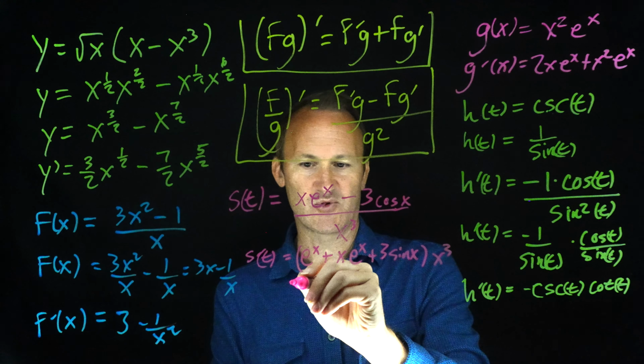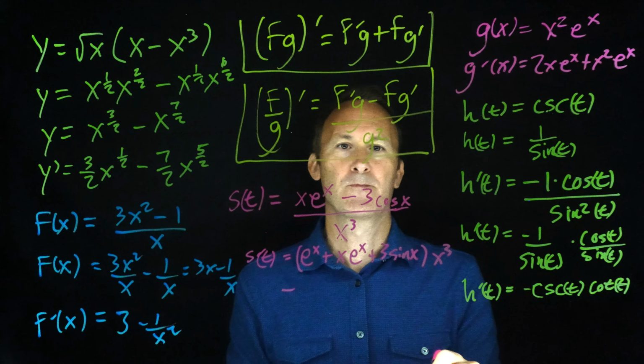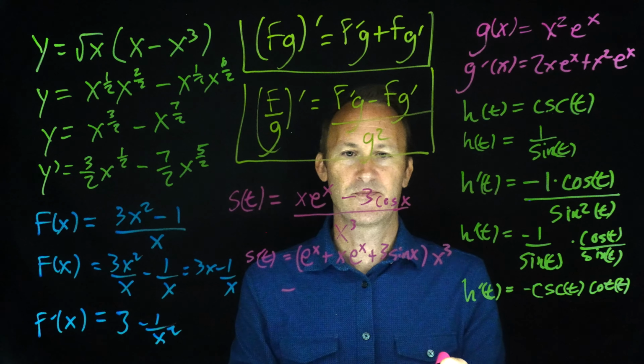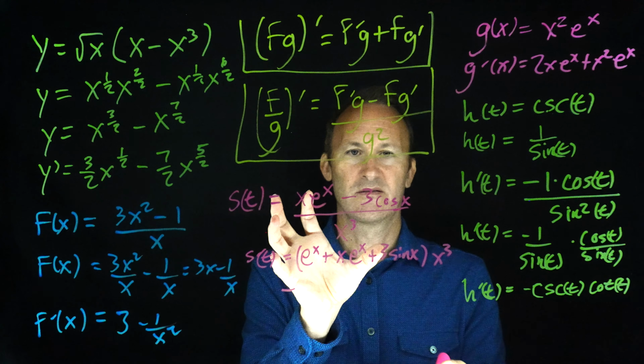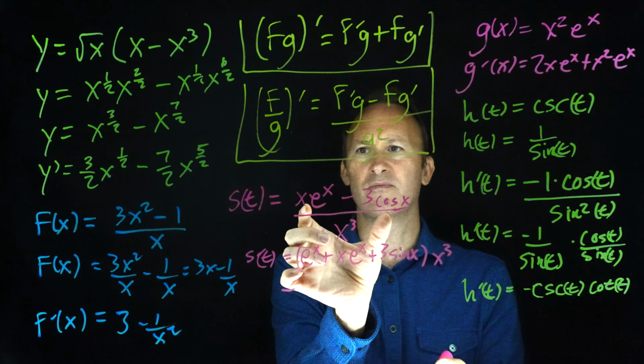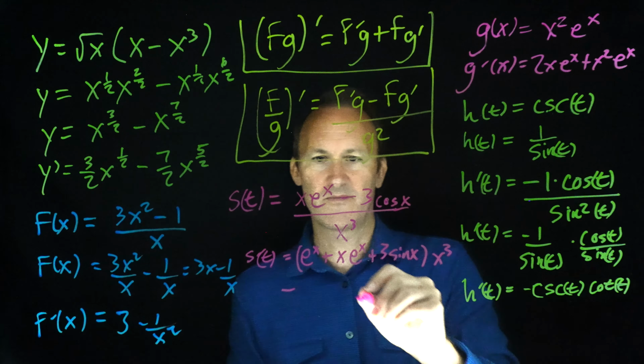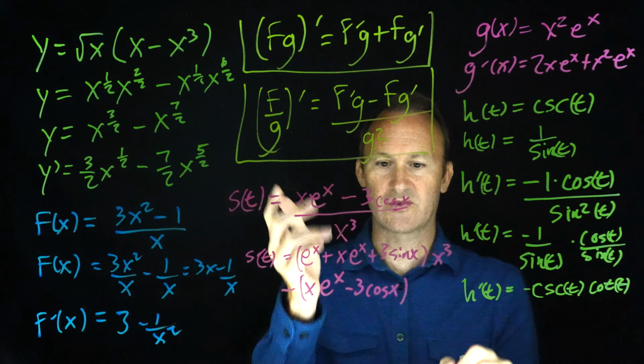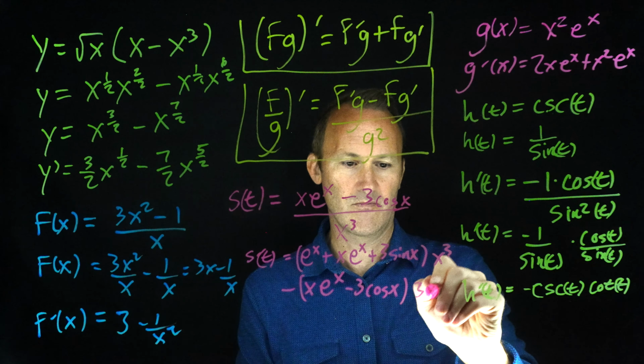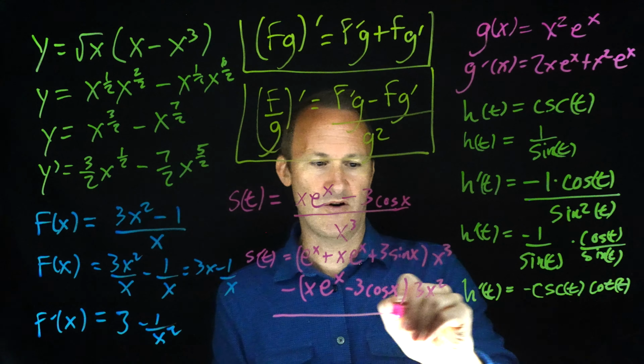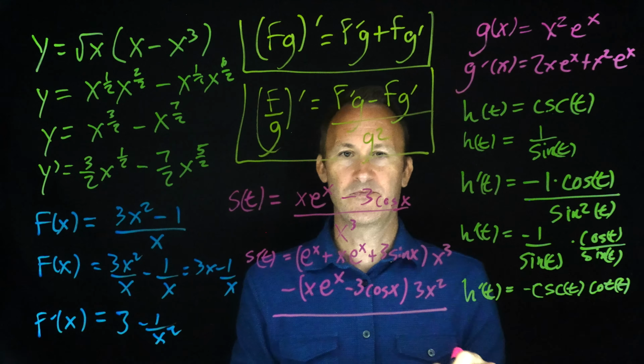But then we need to subtract f, which is now the whole numerator, x e to the x minus 3 cosine of x, times g prime, which is just 3x squared. And that is all over the denominator squared, which is x to the 6th.